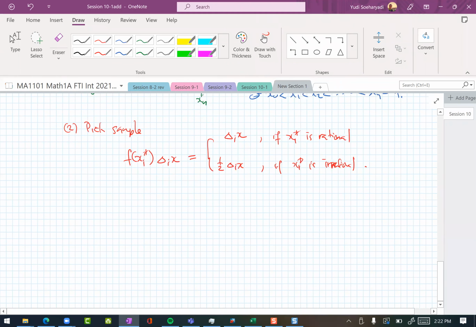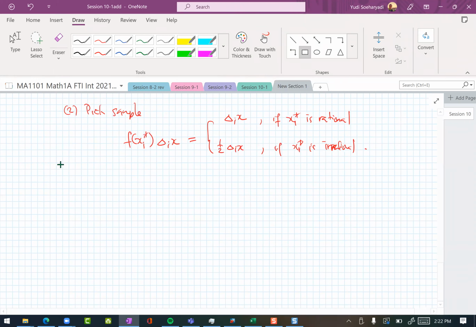And the thing here is that for every interval, there is a rational point, there is also an irrational point. Right?